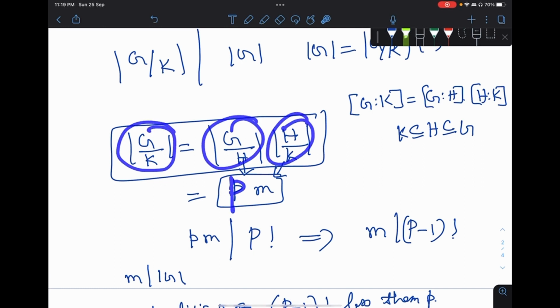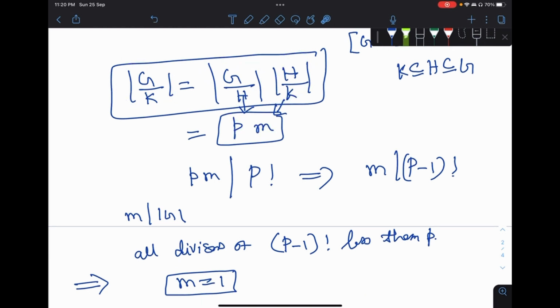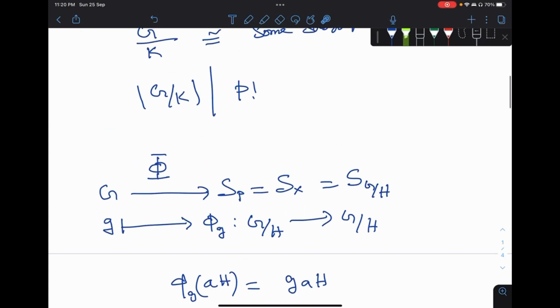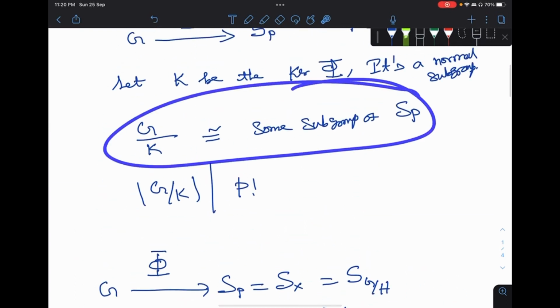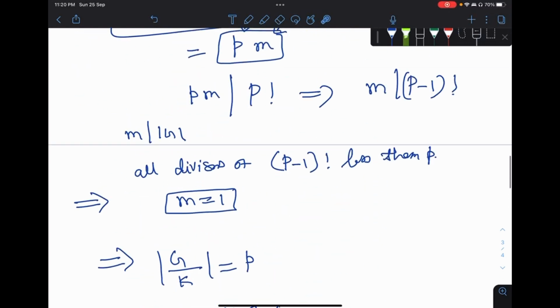This index is p, and let's say this one is m. Using this idea, we can see that pm divides p factorial, and taking the p out, that means m divides (p minus 1) factorial.